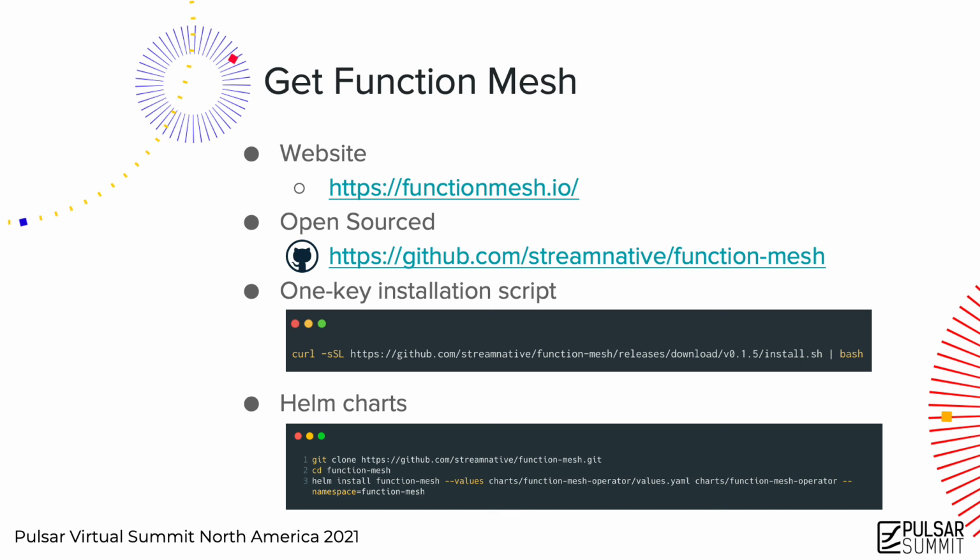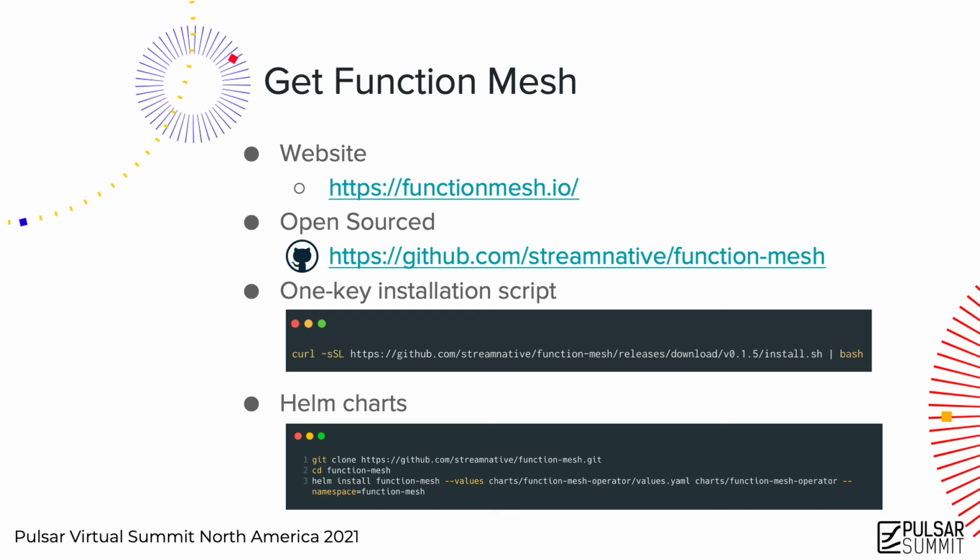If you want to try Function Mesh on your local machine, you can start with our one-click installation script. It will start a kind cluster, which is Kubernetes in Docker, on your local environment, and install Function Mesh to the kind cluster.